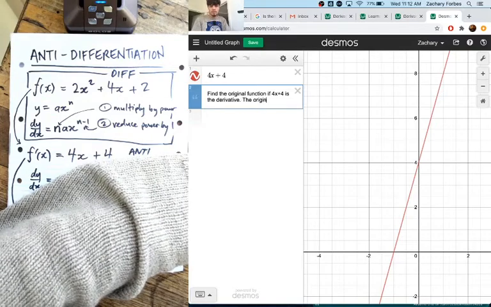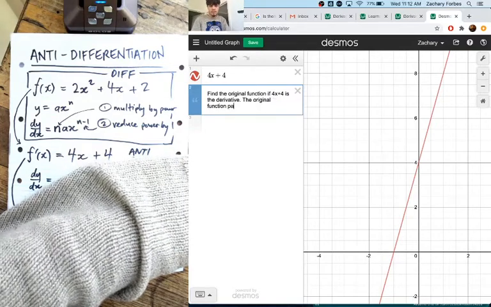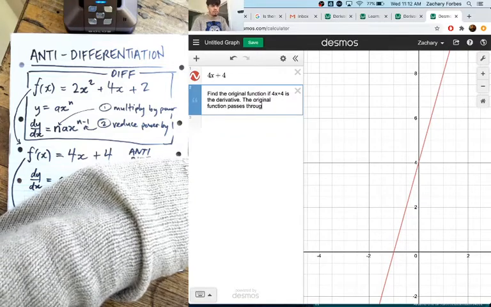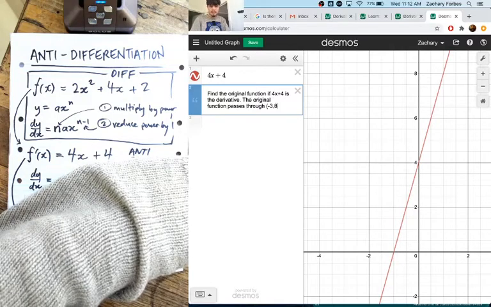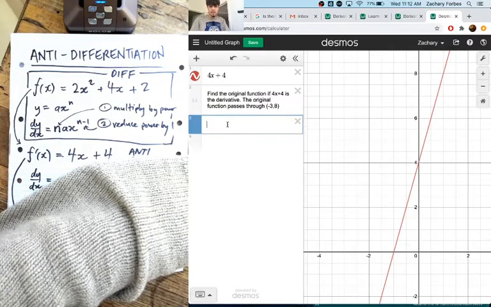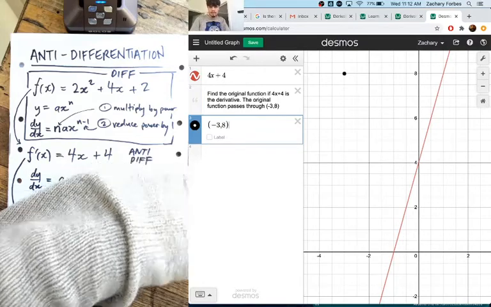The original function passes through, and we're going to go -3, 8. Right, so I'm going to put in that -3, 8 there. -3 and 8. You should be able to see that up on the screen.